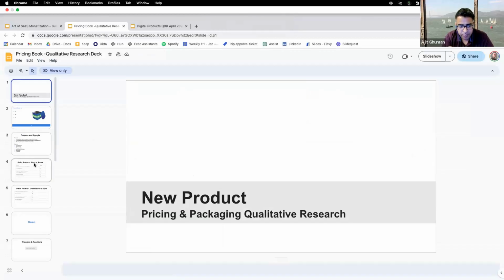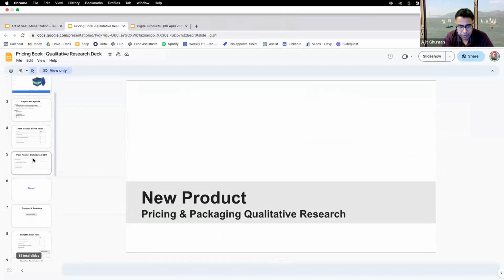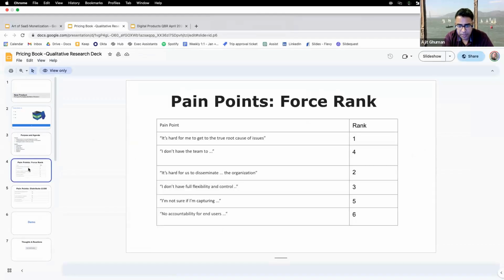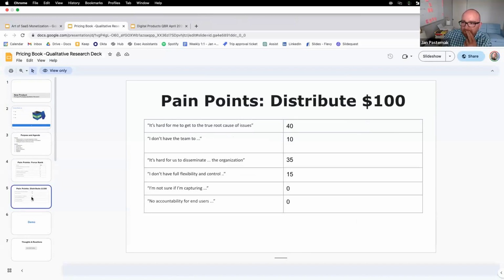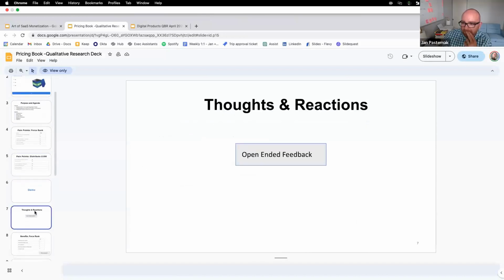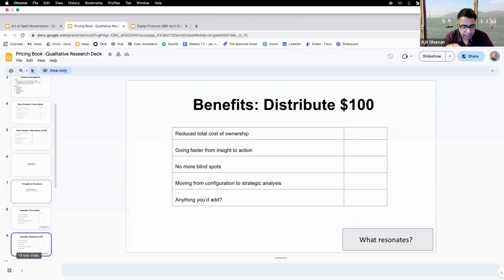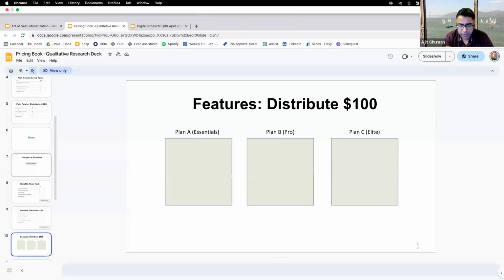But basically, if you flip through it, right, go to slide 4. So I have a hypothesis on what I think their pain points are. I'm trying to get them to force rank it. Now keep scrolling down. Keep going. So this is benefits, keep going. Features, right?